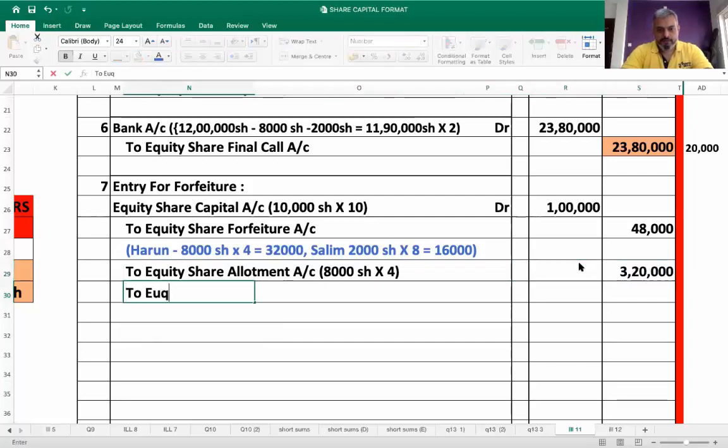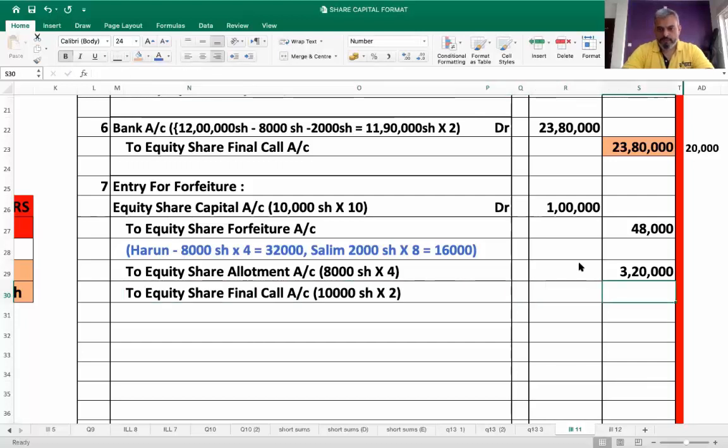And to equity share final call account. 10,000 shares into 2, 20,000. Let's check. Debit is equal to credit.